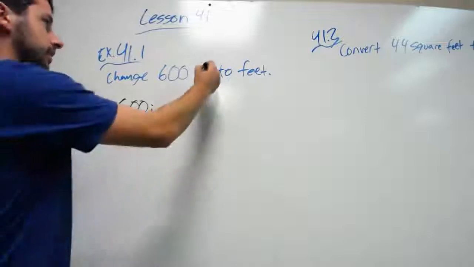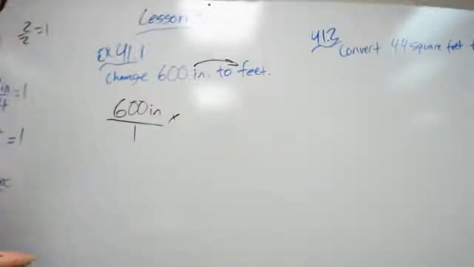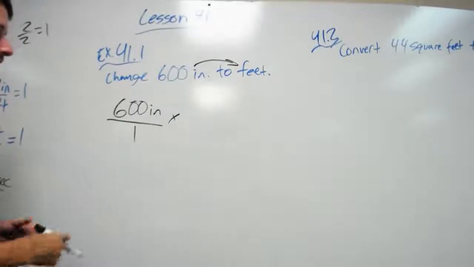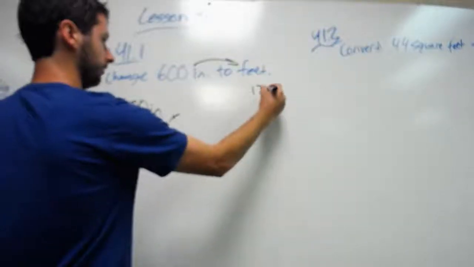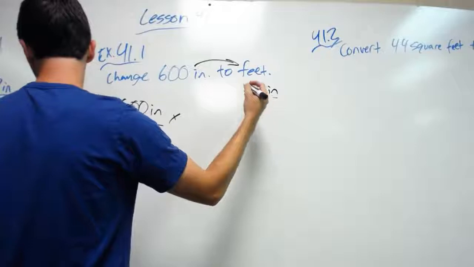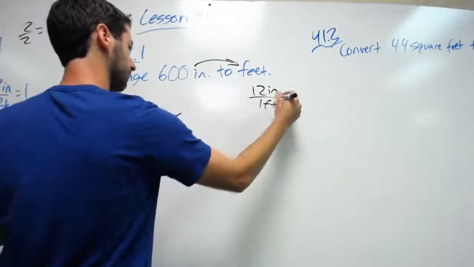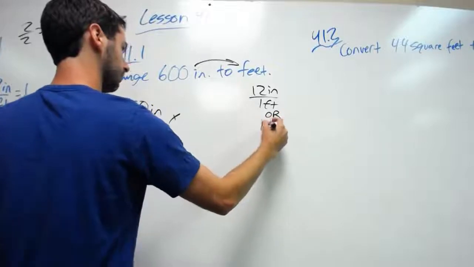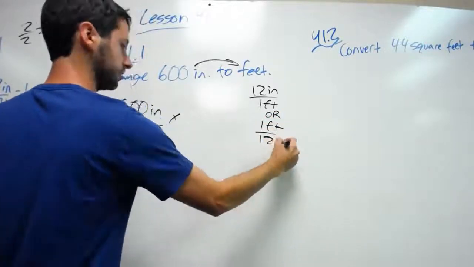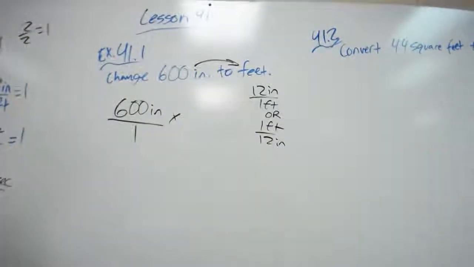We got to get inches to feet. So we have to know our units, but for example, we know 12 inches we can write 12 inches over 1 foot, or we can write 1 foot over 12 inches. We know that we can write those.